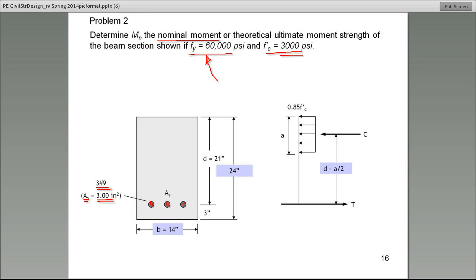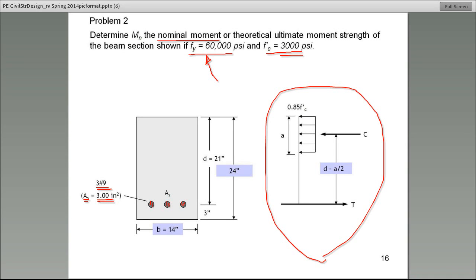All right. Now, what you see here at the right-hand side, learn it. Because for problems like this, the first thing you need to do is sketch that. All right?